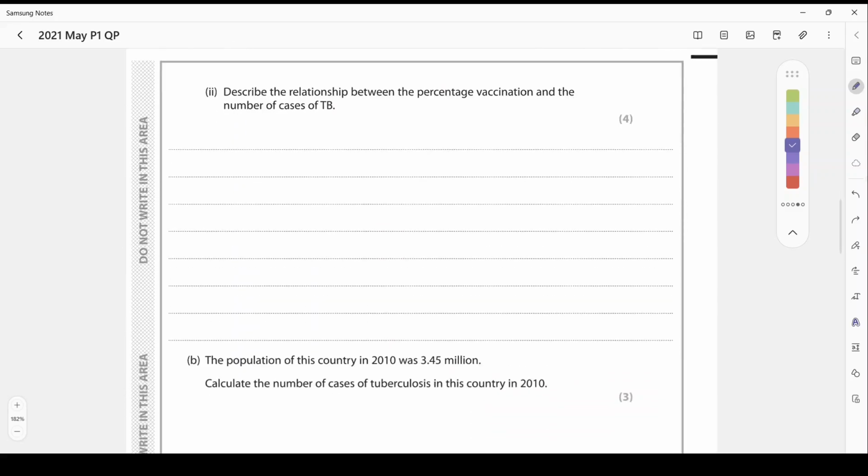So let's write that down. So we can say as the vaccination rate increases, the TB cases or tuberculosis cases decreases.